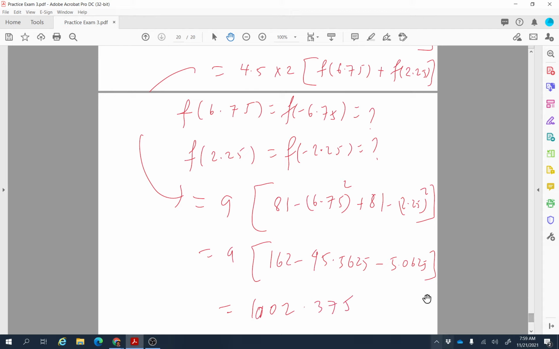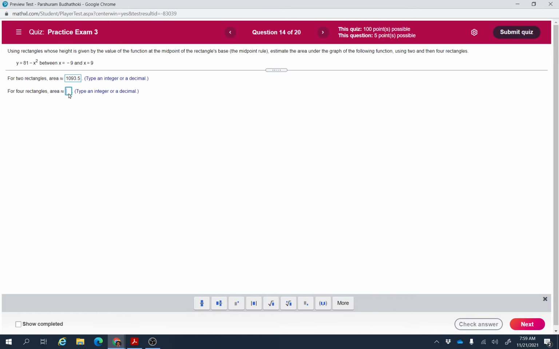That's the area we can calculate by using 4 rectangles. So that is approximately 1002.375.